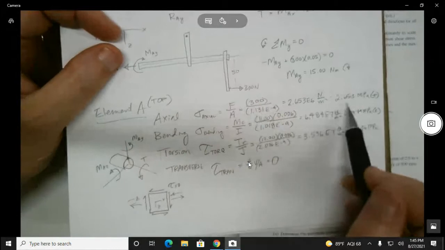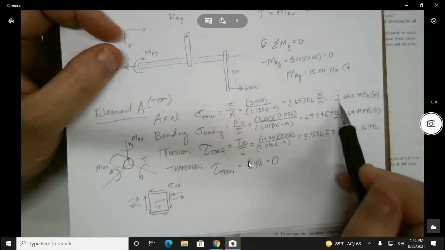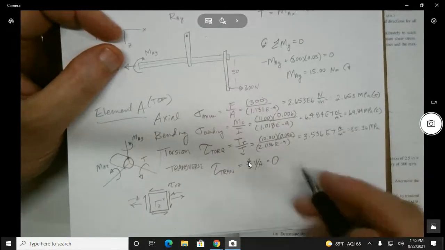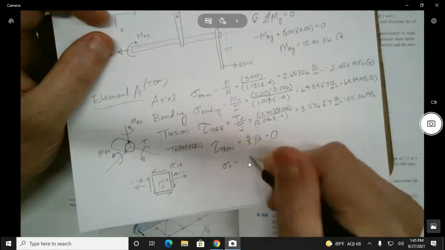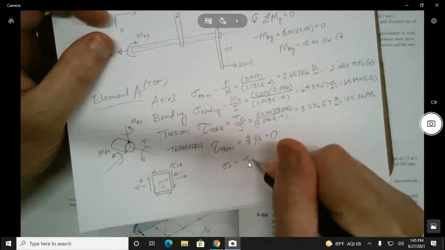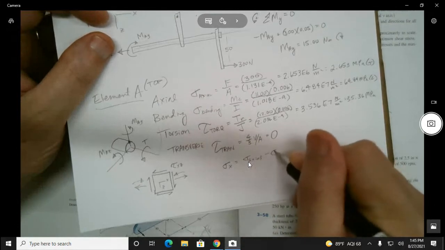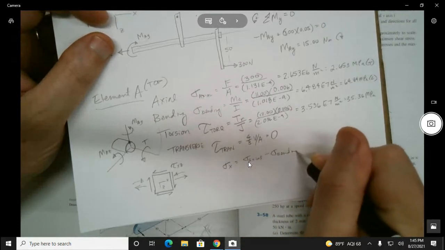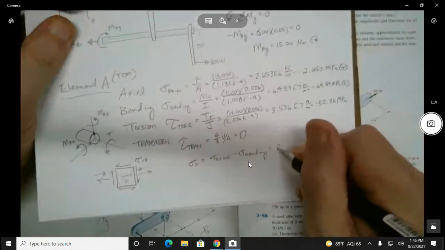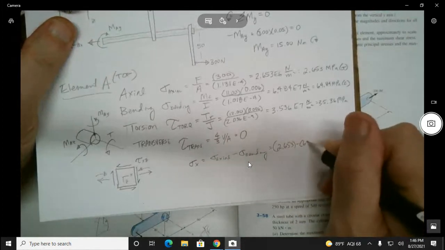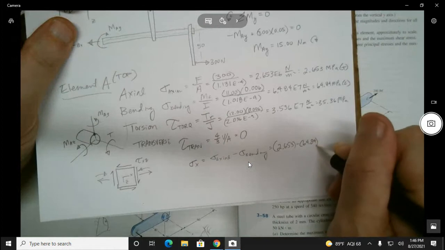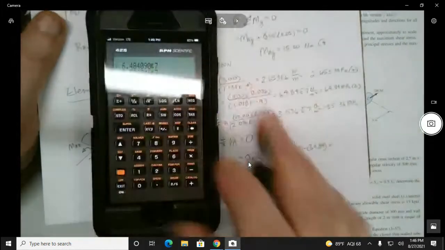To make it more of a competitor. But this is 64, and that's just 2.6, right? So in the x direction, the stress is going to be the axial minus the bending, or 2.653 minus my 64.84, and we know that we're going to get compression here.